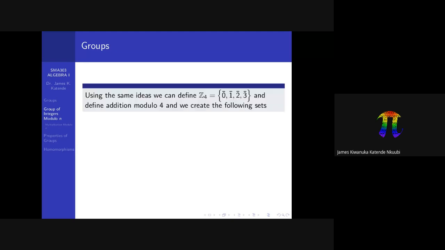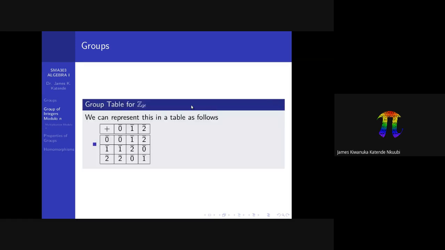So using the same ideas, we can set up 4 sets rather, and call it Z4. Here there is a typo, there's an error. This should be Z subscript 3 here. I will correct that. So this set, which consists of these 0, 1, and 2, we call it Z3.